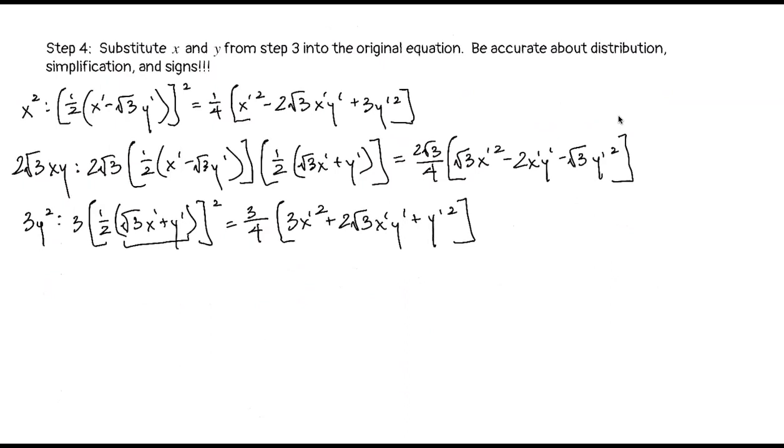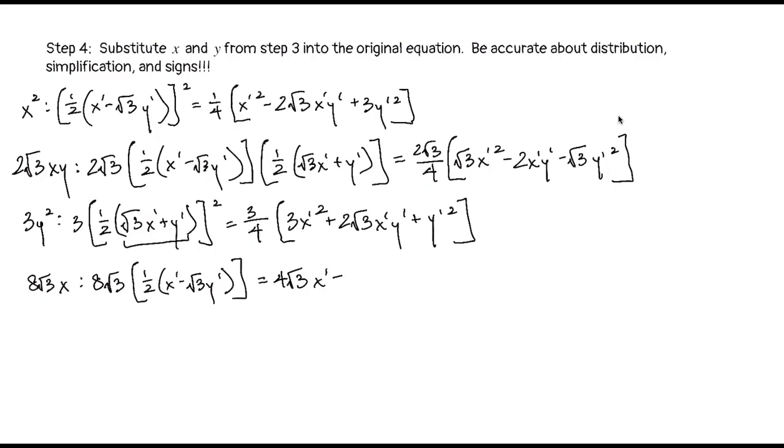So we've got our 8 root 3x. And that's going to give us 8 root 3, 1/2 x prime minus root 3 y prime. And this is going to give me 4 root 3 x prime minus, let's see, 8 times root 3 is 8 times root 3.